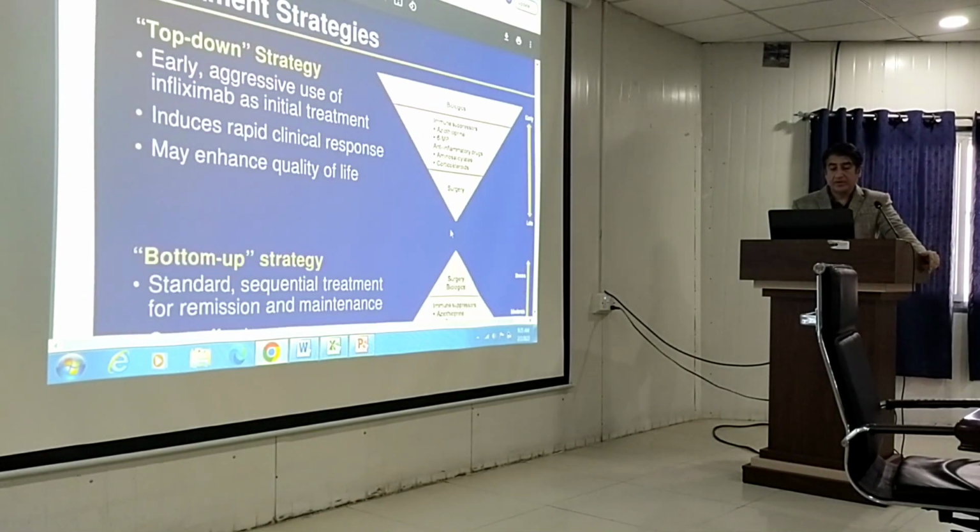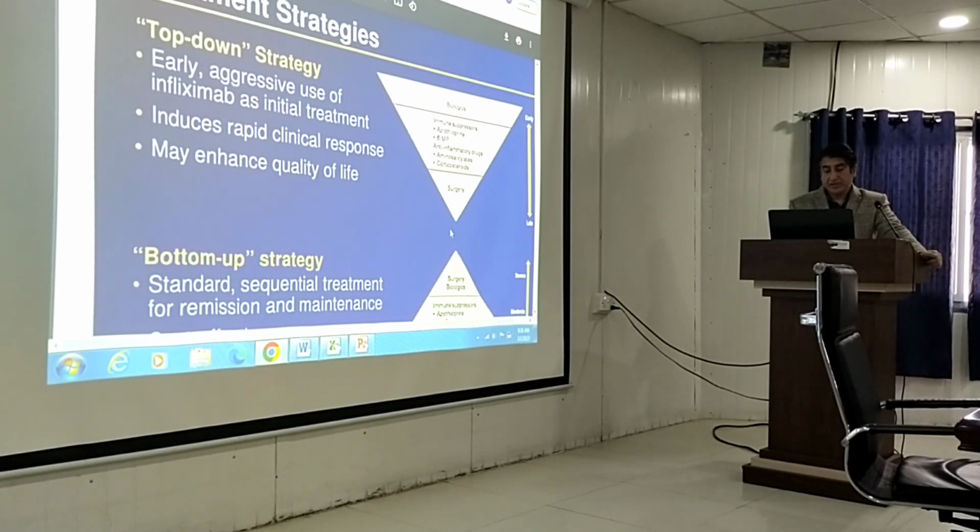Treatment strategies, top-down strategy. We have the early aggressive use of infliximab as initial treatment, which induces rapid clinical response and may enhance quality of life. Infliximab we discussed earlier, an anti-TNF agent, very effective, and this was the first drug introduced as an anti-TNF, so it has very good results.